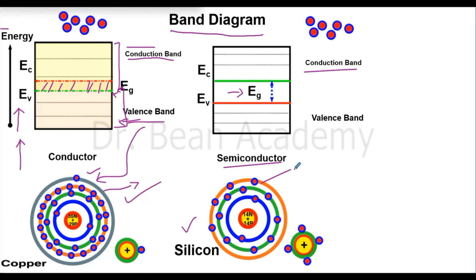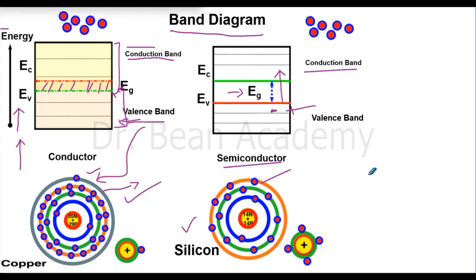At normal situations and at lower temperatures, electrons reside in their valence shell or valence band, so we need to give external energy to the electron so that it can jump to the conduction band, and then a semiconductor will behave like a conductor.